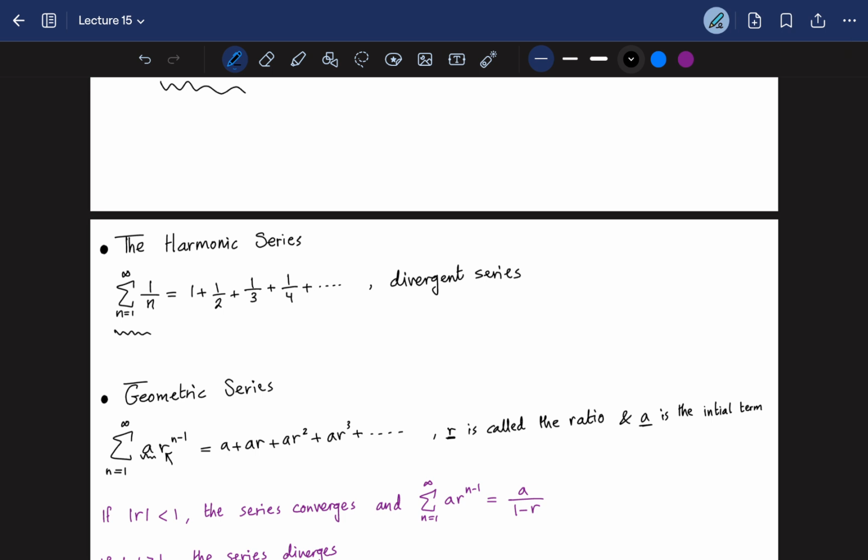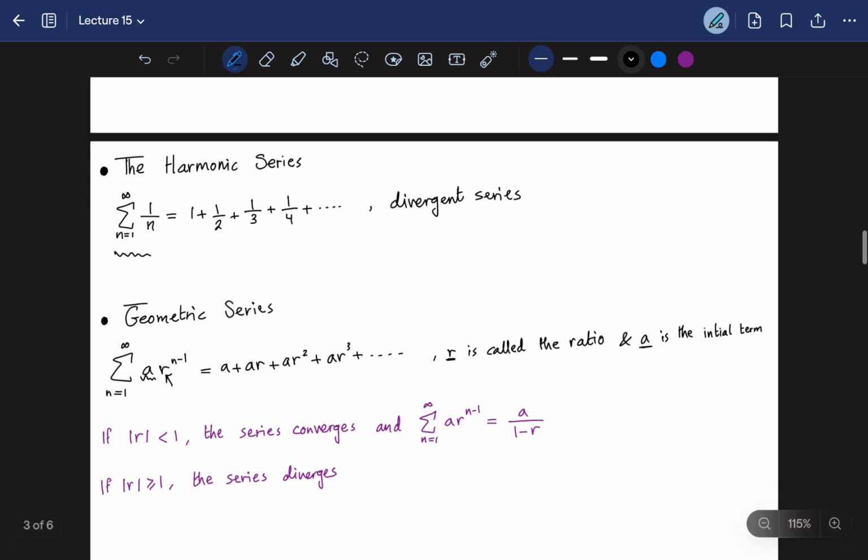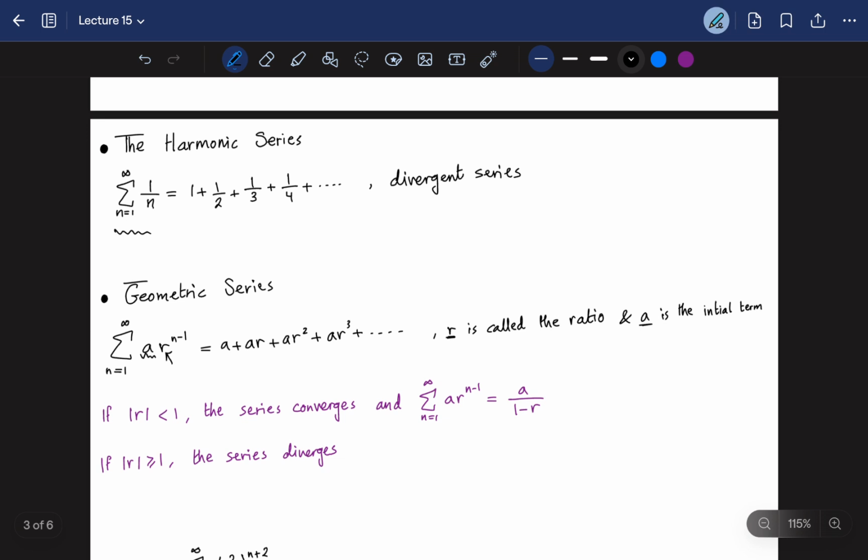So it kind of looks like the geometric sequence that we've talked about in section 1. Okay, so here, instead of just listing terms, since I have a series, I'm adding up all of these terms. So a plus a times r plus a r squared, and so on.